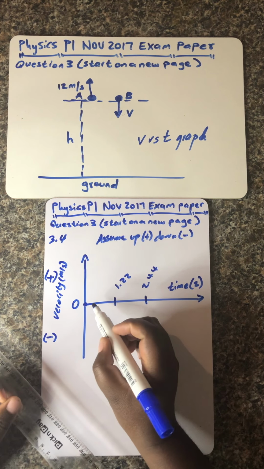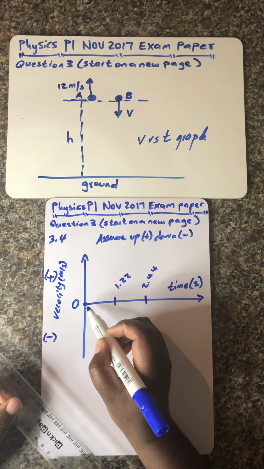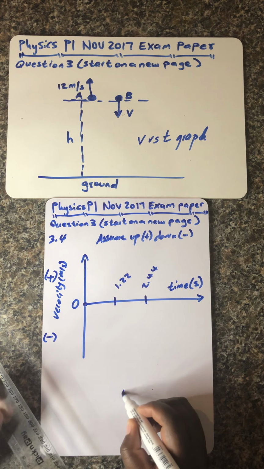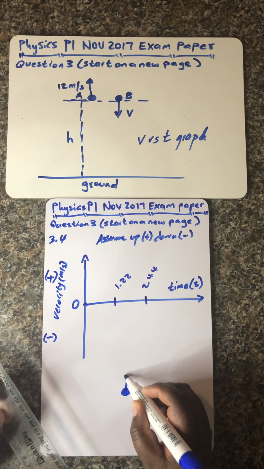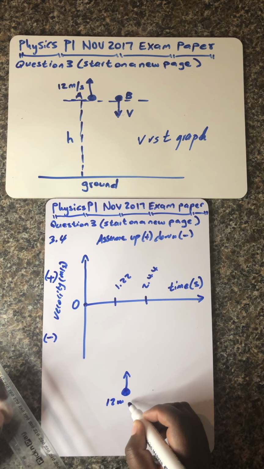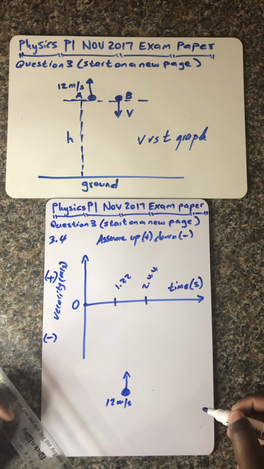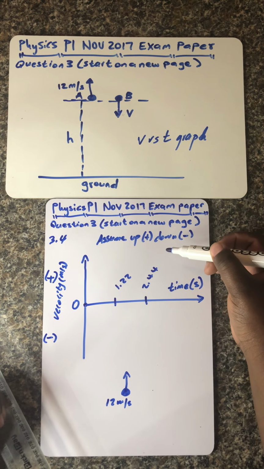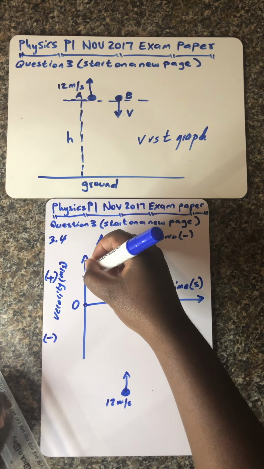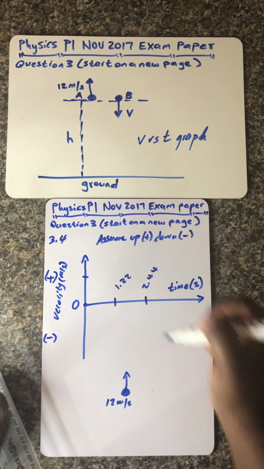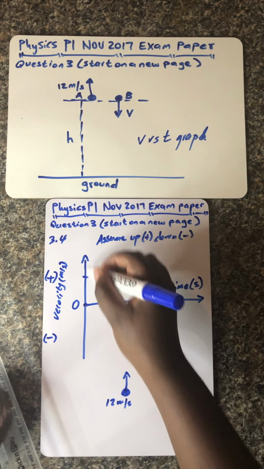Remember, guys, initially when the time was 0, object A was projected vertically upwards at a speed of 12 meters per second. You remember? Because it was projected vertically upwards, we're going to start on the positive side of that axis.